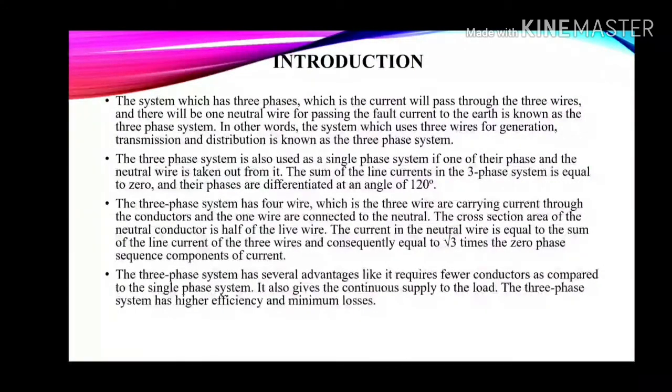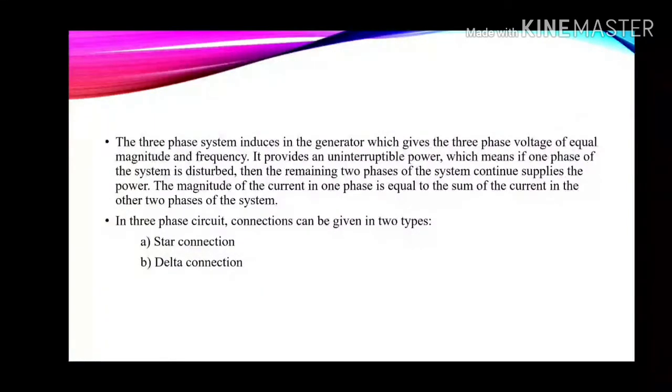The three-phase system has several advantages. It requires fewer conductors as compared to the single-phase system. It also gives a continuous supply to the load. The three-phase system has higher efficiency and minimum losses. The voltage induced in the generator gives three-phase voltages of equal magnitude and frequency.